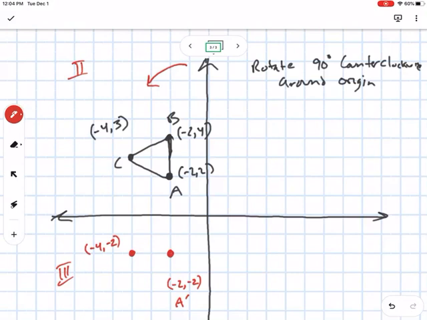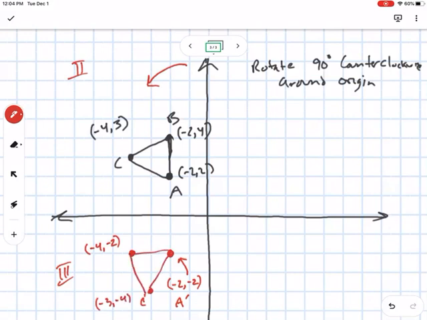Goes over 3, down 4. Let's see, that was... That's C prime. I'm getting a little confused there. That's -3, -4. And so there's our shape.